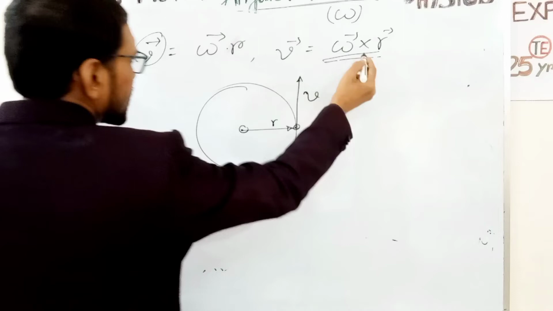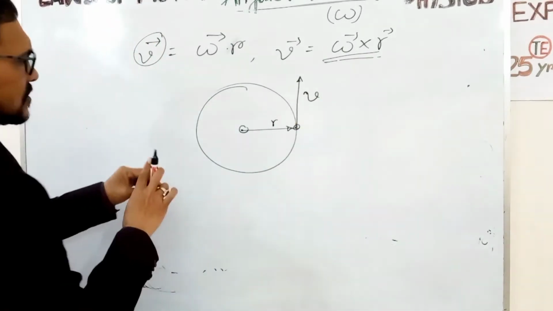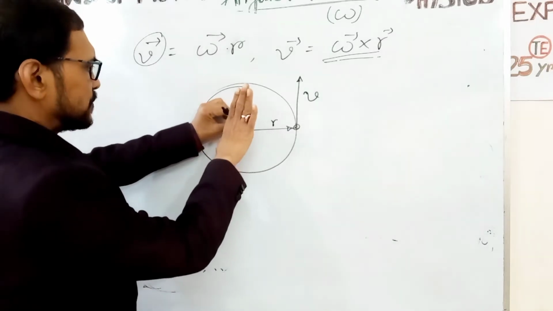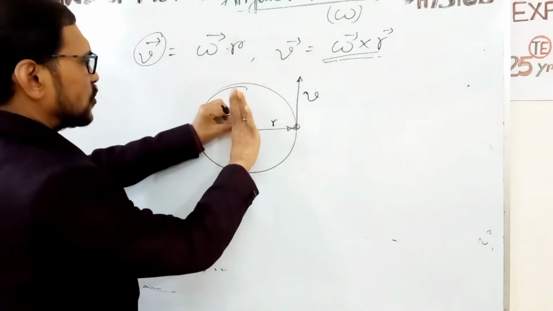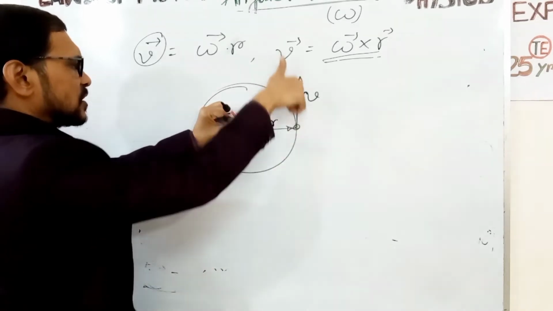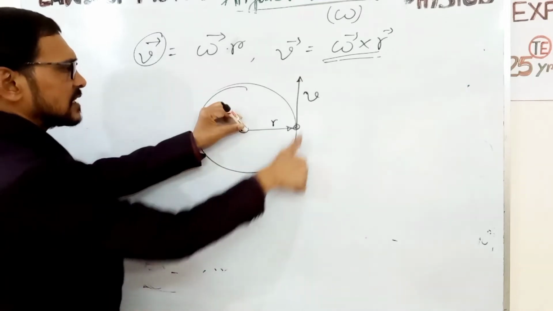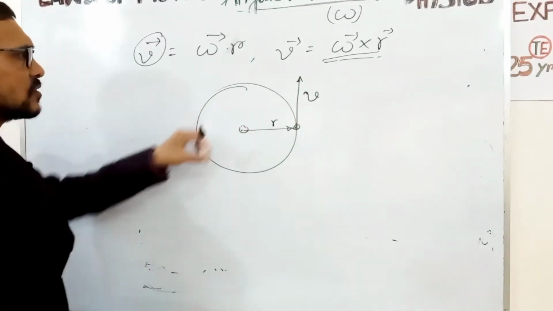So v equal to omega cross r means that going from omega to r, the direction of velocity will be in this direction.